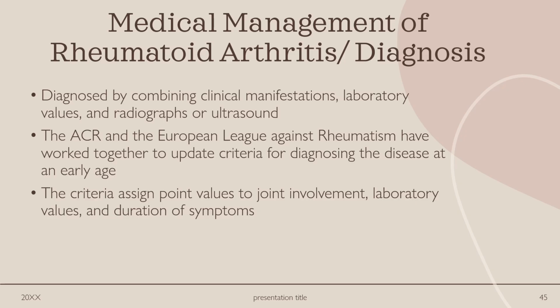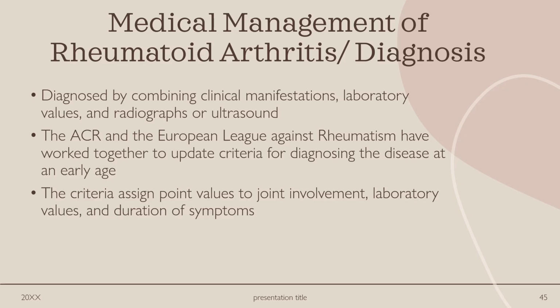And then radiographs or an ultrasound. And again, the ACR and the European League Against Rheumatism have worked together to update their criteria for diagnosing the disease at an earlier age, because we know that the earlier that we can get this patient into treatment and start them on their treatment plan, the better they're going to do.